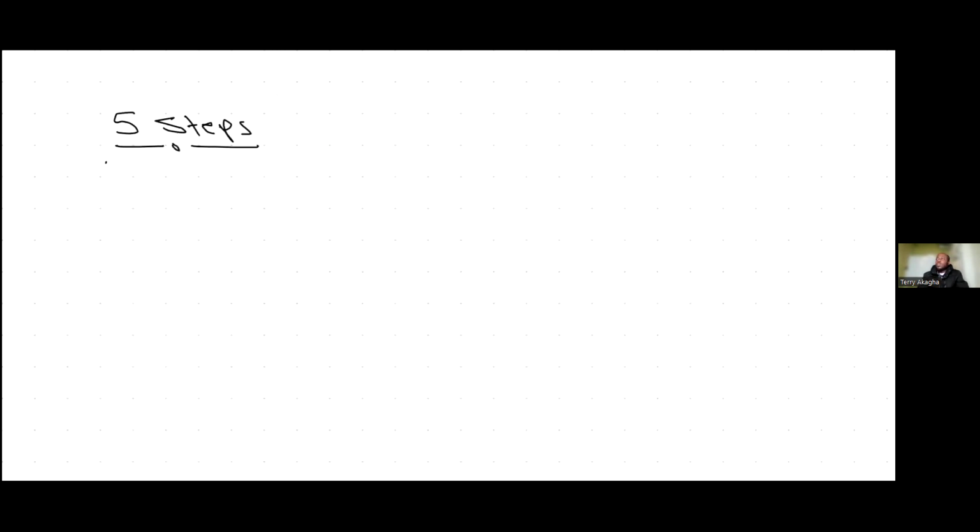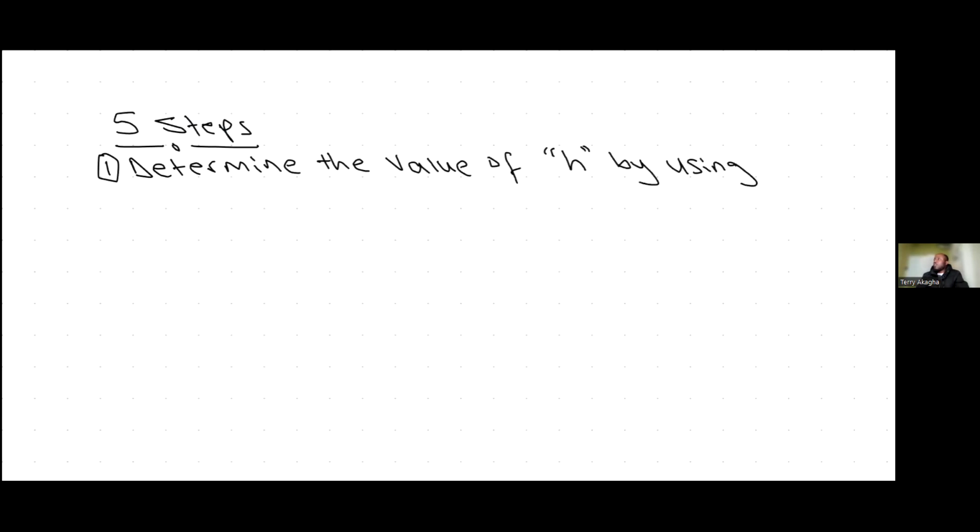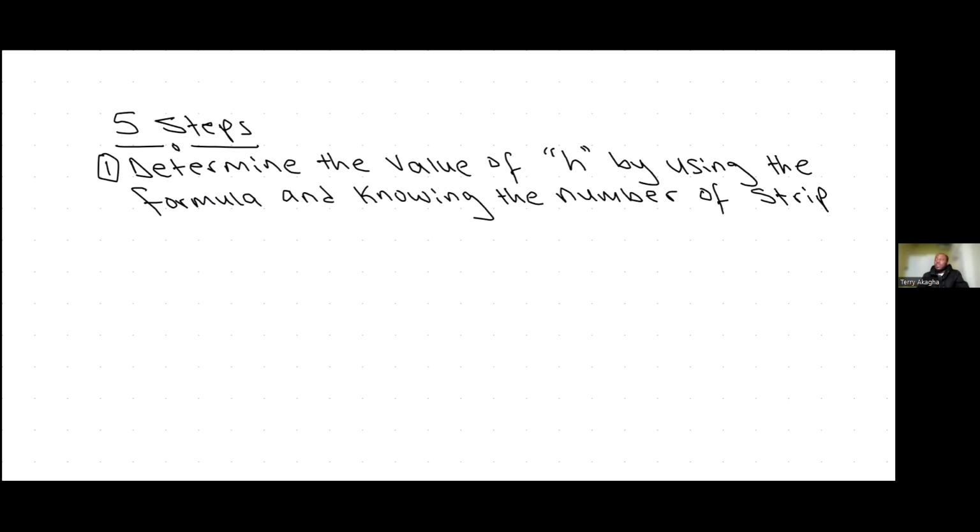Number 1, the first thing to do is to determine the value of h by using the formula xn minus xo divided by n, and knowing the number of strips.